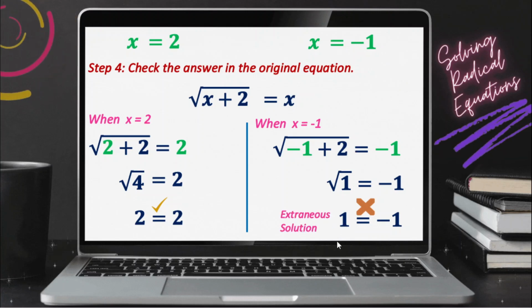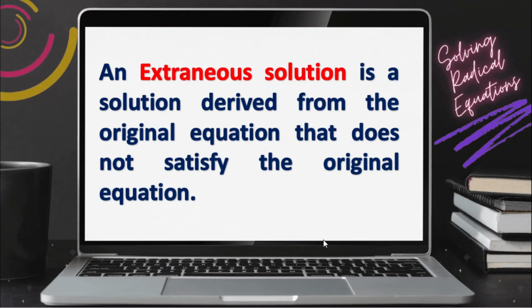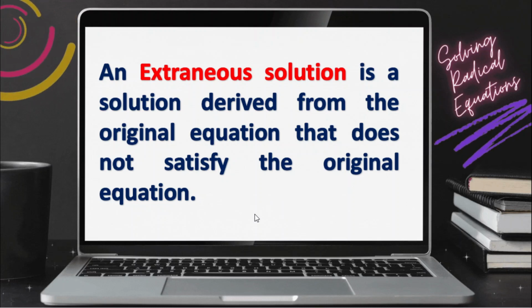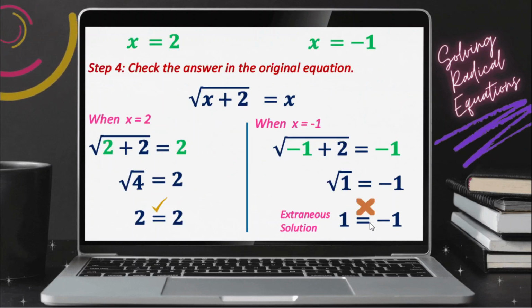But it is called an extraneous solution. Why is it an extraneous solution? What is an extraneous solution? An extraneous solution is a solution derived from the original equation that does not satisfy the original equation. So, since negative 1 does not satisfy our original equation, it is called an extraneous solution.